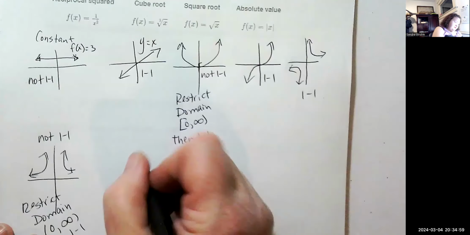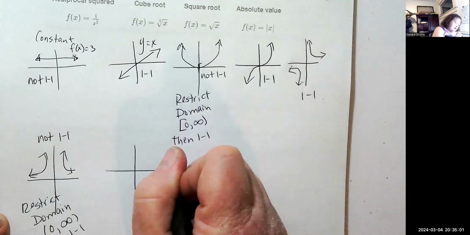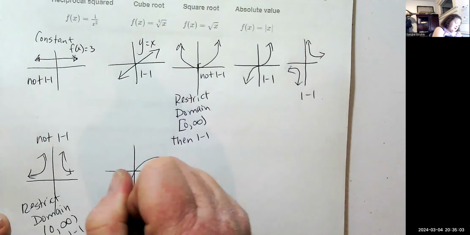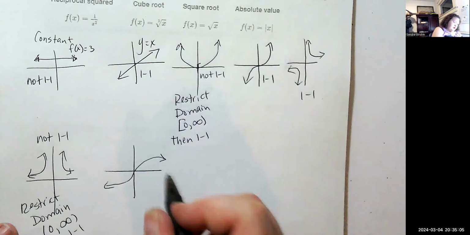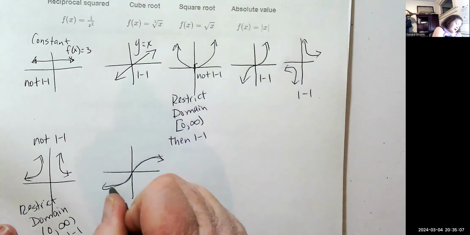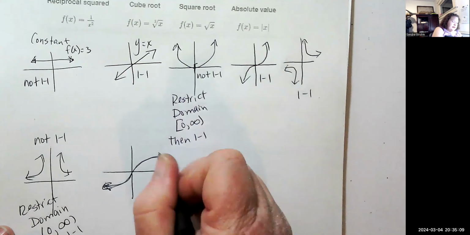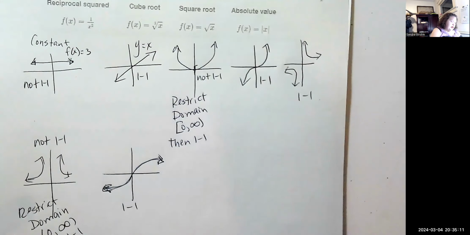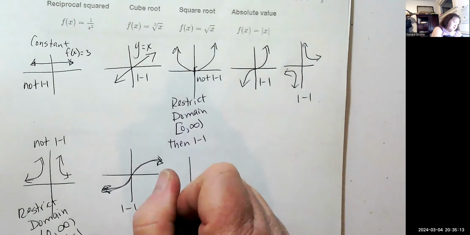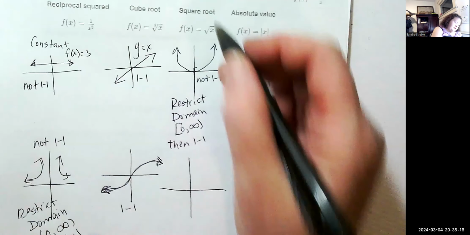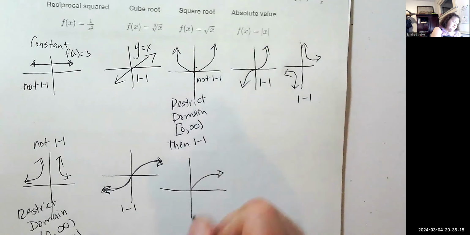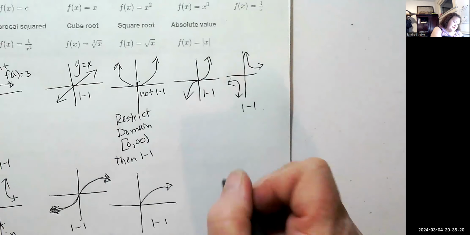Next is cube root. Cube root is just this guy. There we go, sort of like that. Yeah. All right, and he is 1-to-1. Oh, I think cube is a he. Give him some pronouns here. Next is square root. It is 1-to-1. And then the last is absolute value.